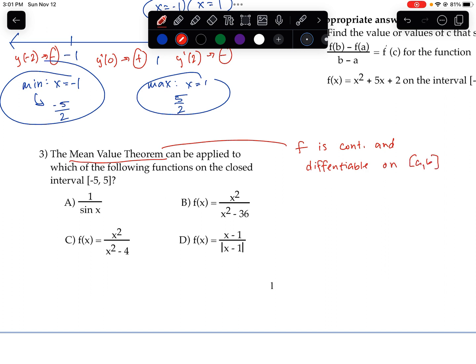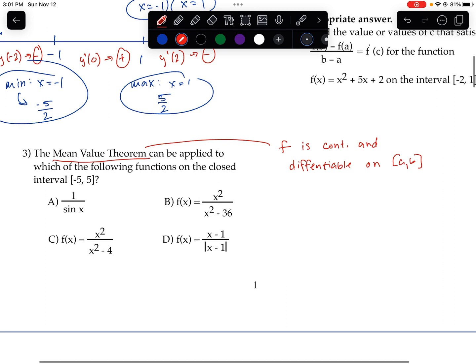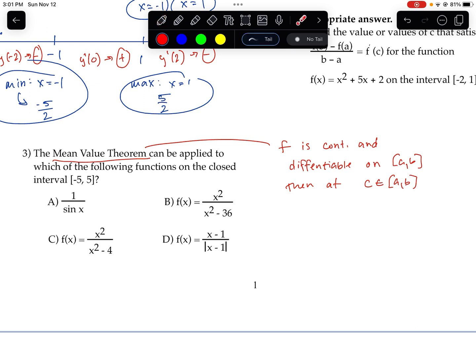So if a function is continuous and differentiable on a closed interval from a to b, then at some point in that interval, we'll say c, which is an element of the interval from a to b, so c is just some x value in between a and b.